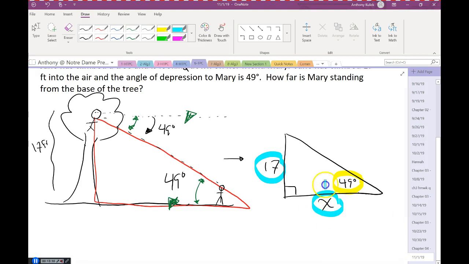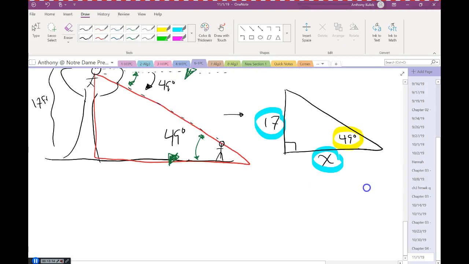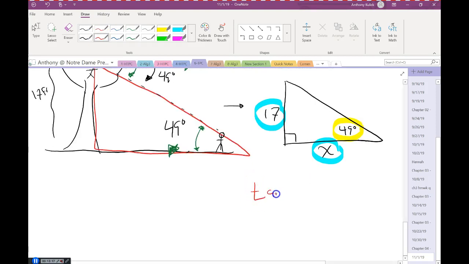Opposite. And the x is adjacent, so the trig function I need then is tangent. So it's all based on the angle that you're looking at. So we can write the equation tan 49 is equal to 17 over x.